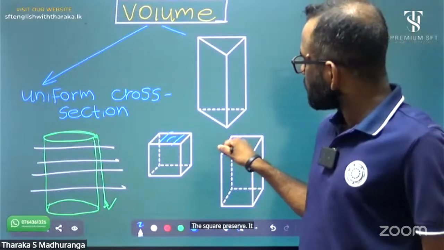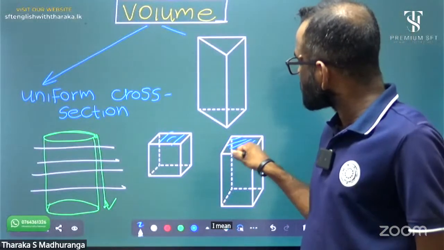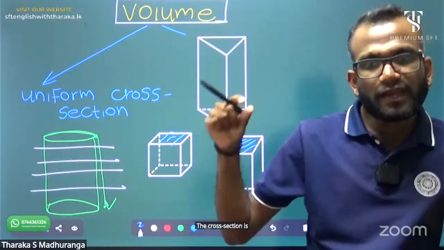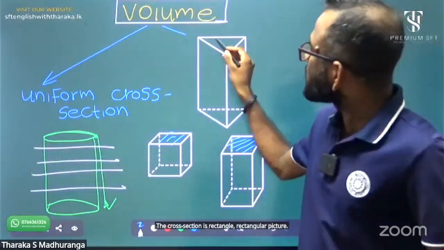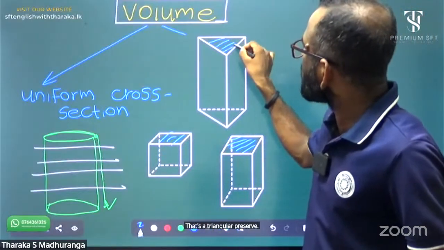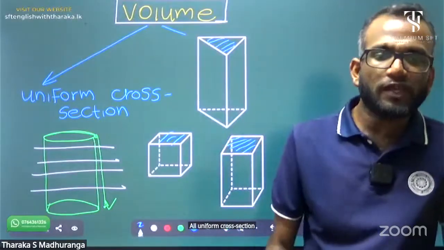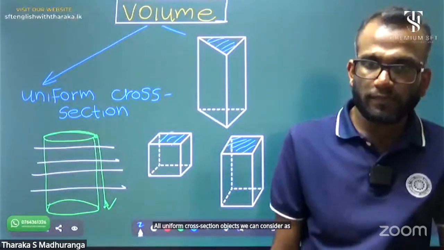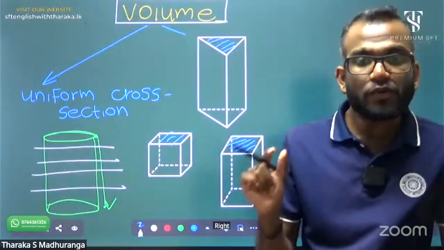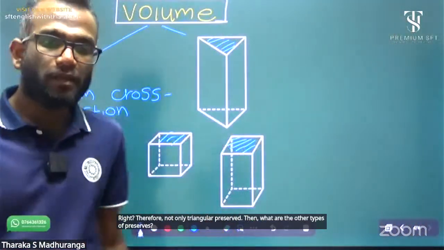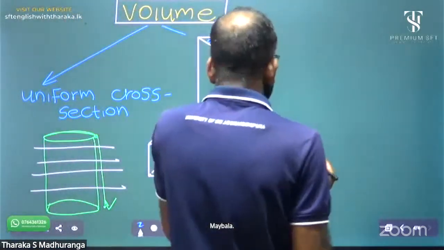It is a rectangular prism, the cross section is a rectangle. That's a triangular prism. So all uniform cross-section objects we can consider as prisms, right? Therefore, not only triangular prism. Then what are the other types of prisms?